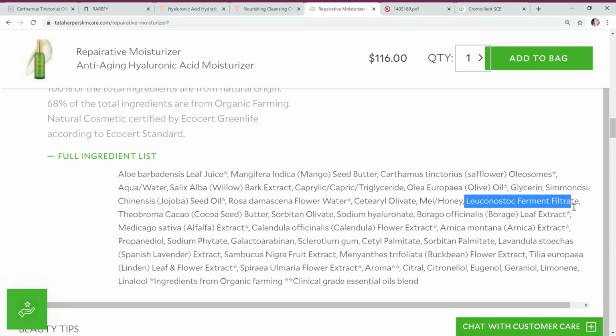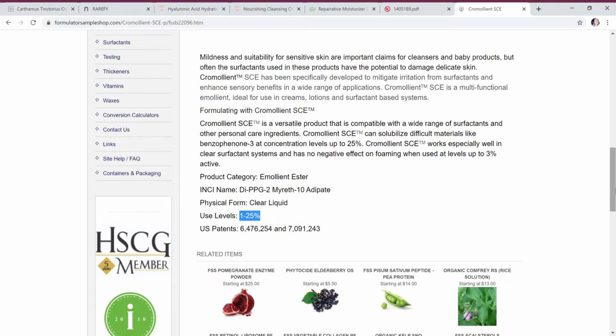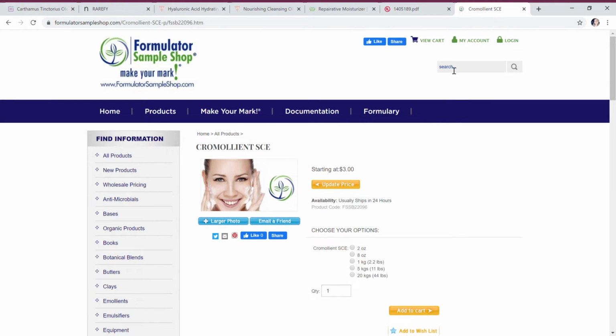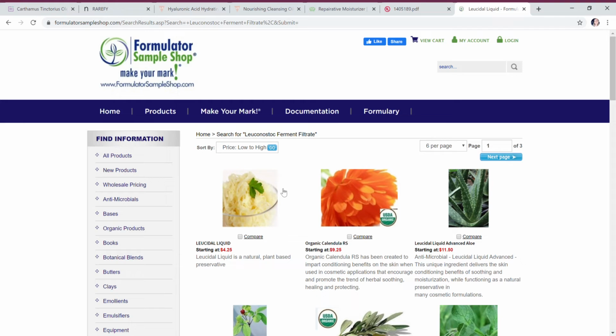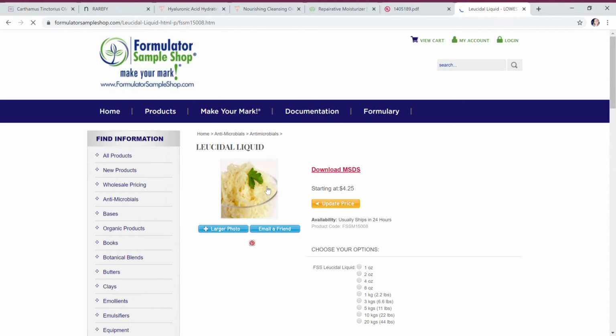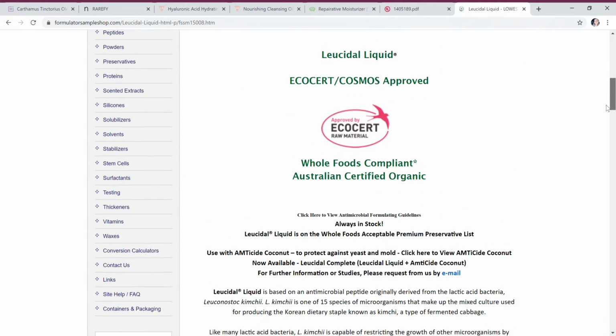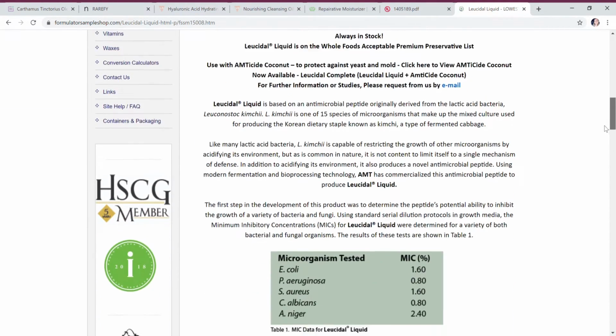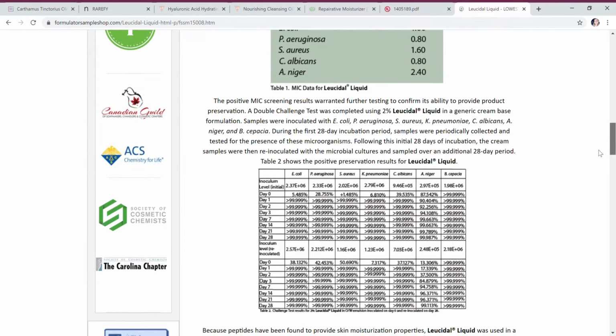Okay, and then we have leuconostoc ferment filtrate. We can look that one up too, but I know it's a preservative. I think that Formulator Sample Shop carries it, and if not, I know a different company that does. So let's look to see if this has the same INCI name.